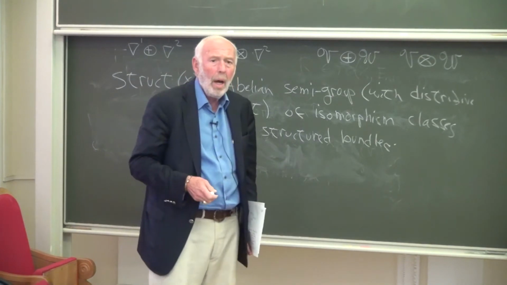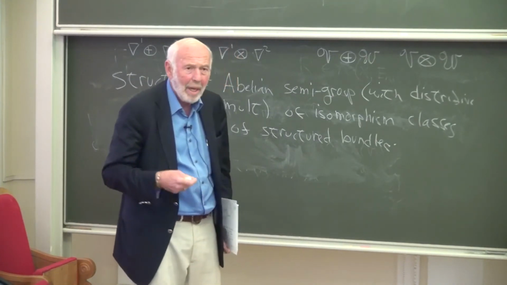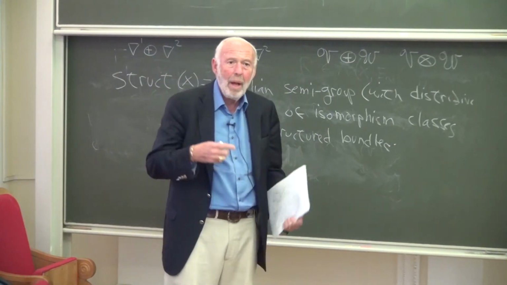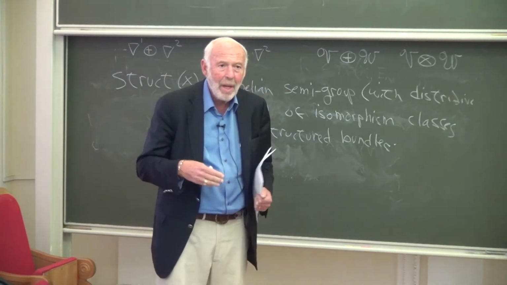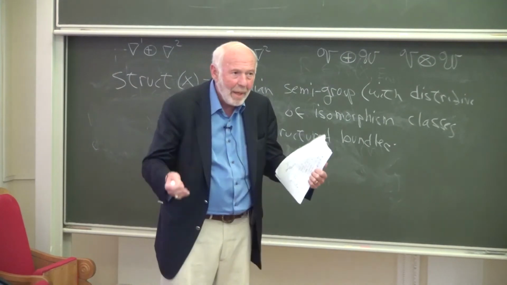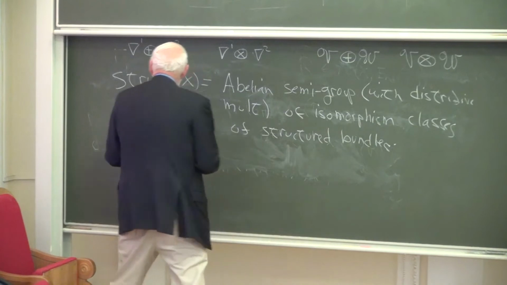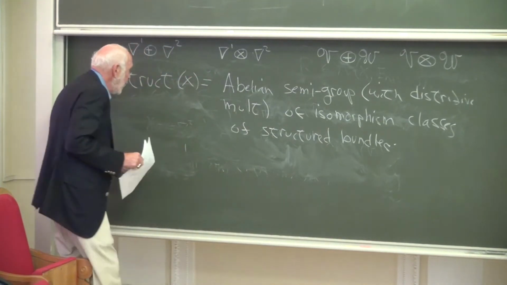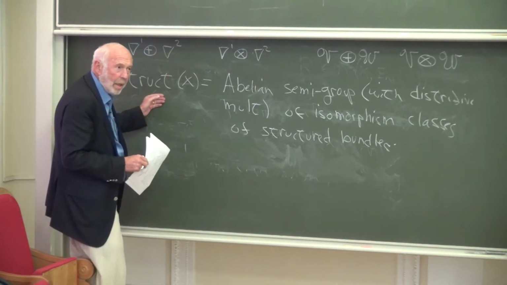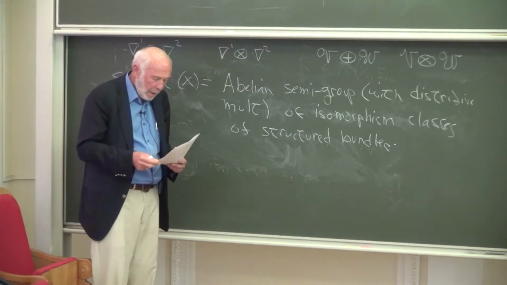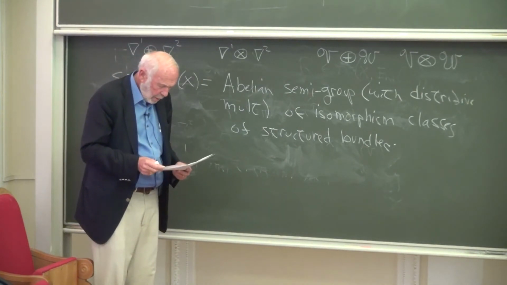Honest bundles, forgetting about connection, that's Vect. And then you apply the Grothendieck construction, and you get K of X. You apply that to Vect. And here, obviously, we're going to apply the Grothendieck construction to Struct. But it's a little more work.